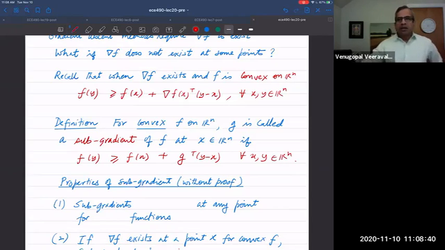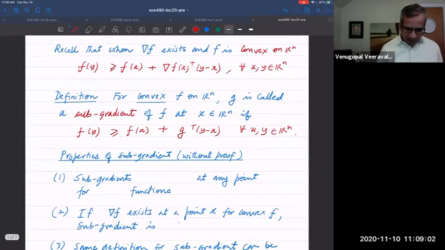Of course, a subgradient need not be unique. That's why I said g is called a subgradient of f at the point x if this condition holds. Now, let's look at some properties of this subgradient, and then we'll do examples to make this all more clear.